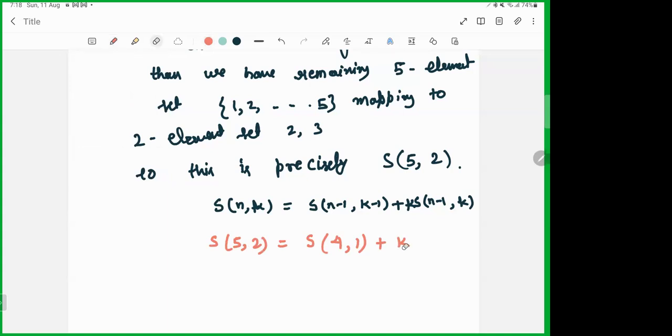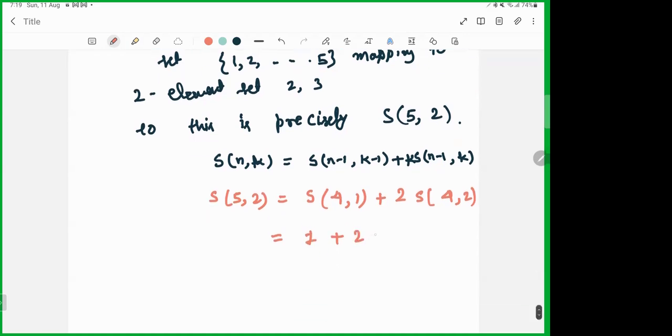What is your k? k is 2. Now S(4,1) is 1. And again we do S(4,2).